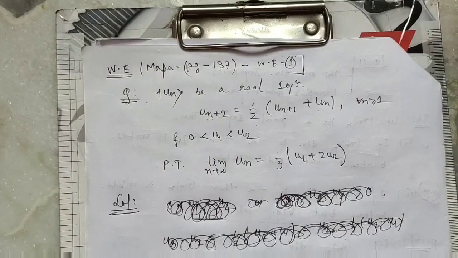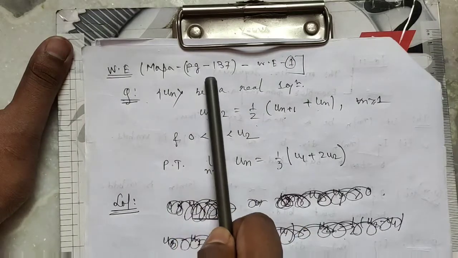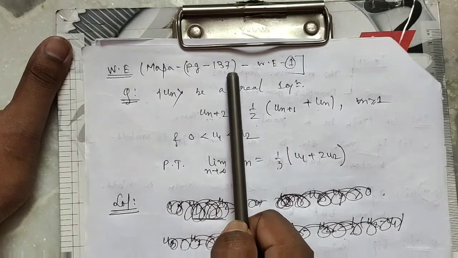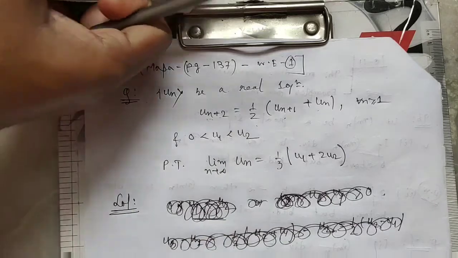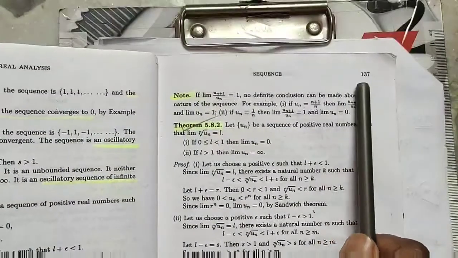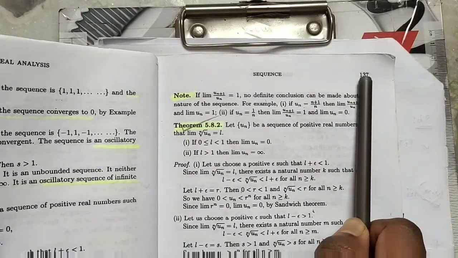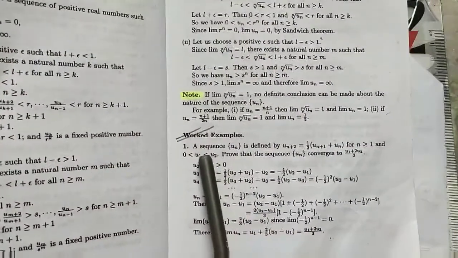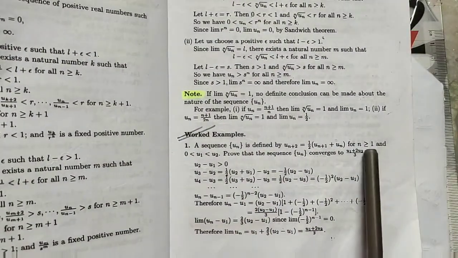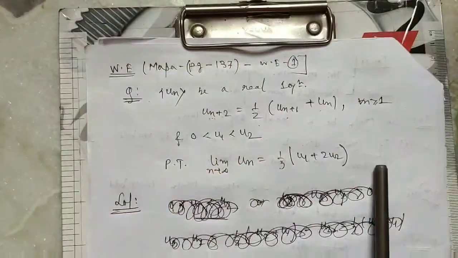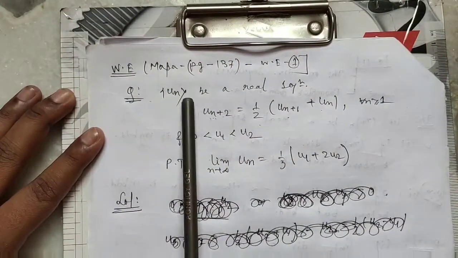Now we discuss a worked example from MAPA, page number 137. This is page 137 and this is our worked example. So what is our problem?